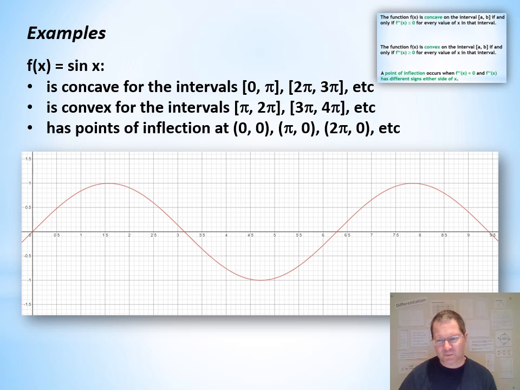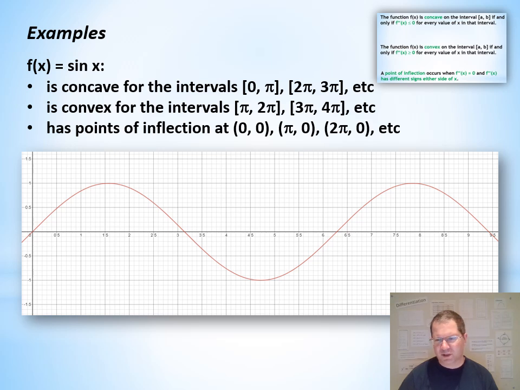For sin x, it's concave in some regions and convex in other regions, as I'm sure you can appreciate from its oscillating periodically. So if we look at, say, 0 to pi, the values of sin x are positive, as we can see from the graph. But if we differentiate sin x twice, we get negative sin x. So all those positive sin x values will then become negative, which agrees with the definition of concave for a function that its second derivative is less than or equal to 0 for every value of x in that interval.